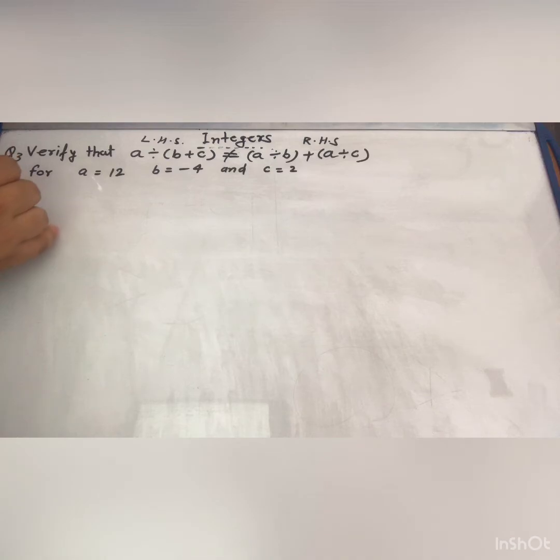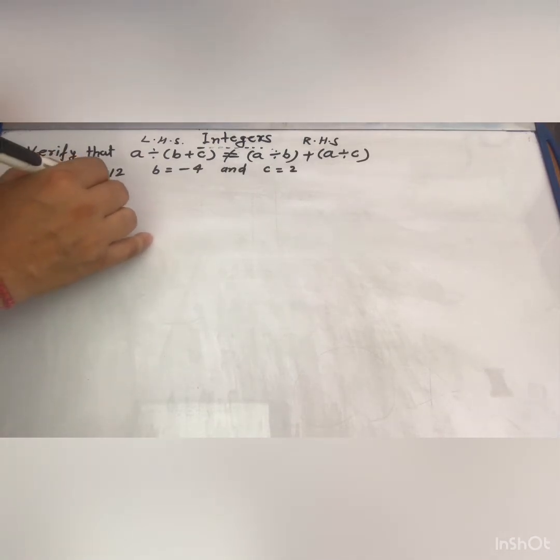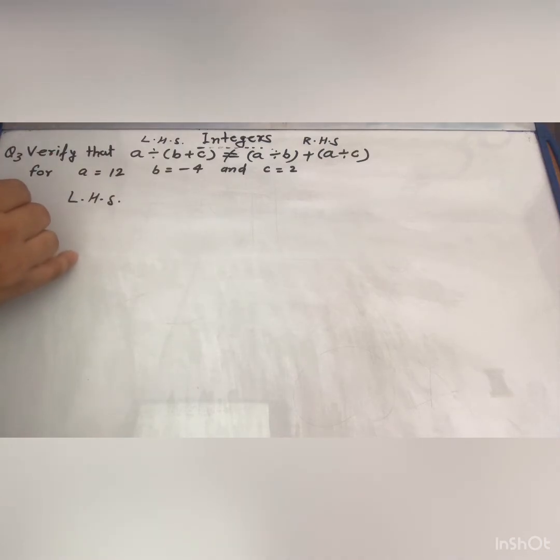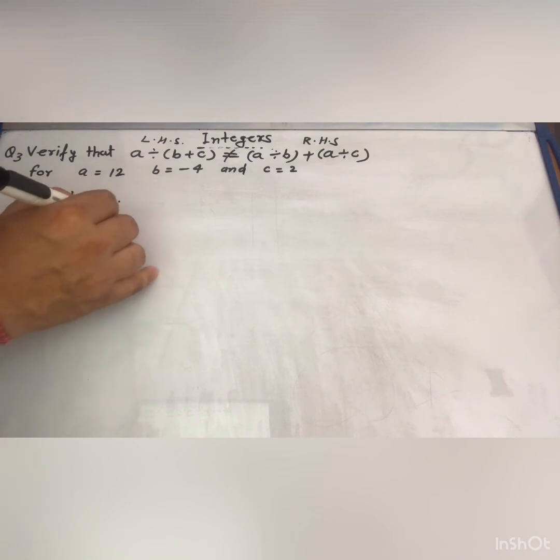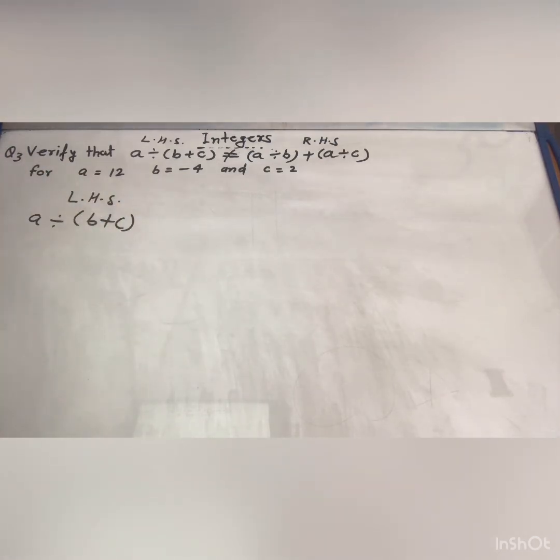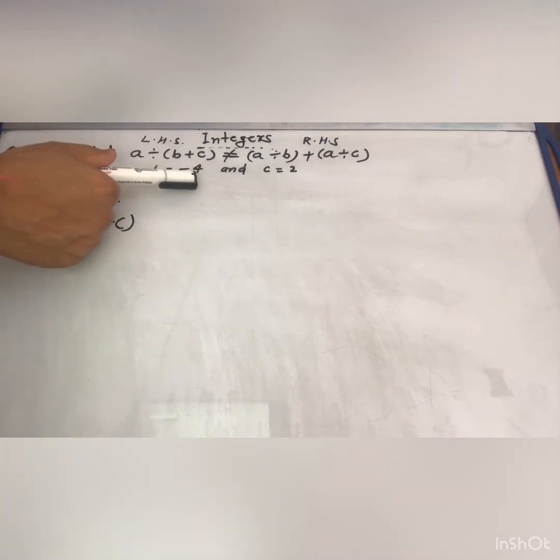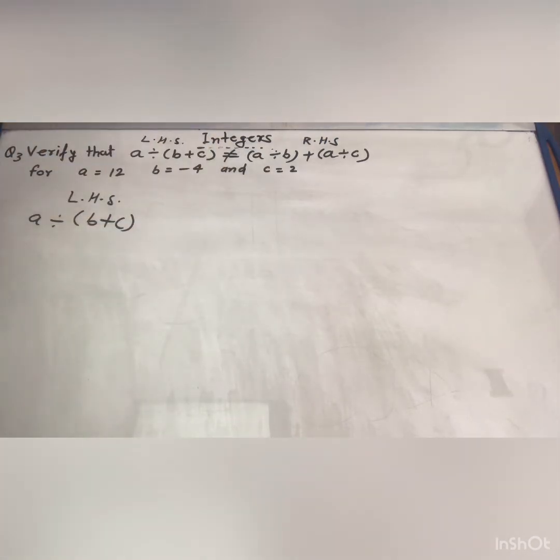Okay, now you take here left hand side. Left hand side is A divided by under bracket B plus C. But here it is given that A equals 12, B equals -4 and C equals 2.